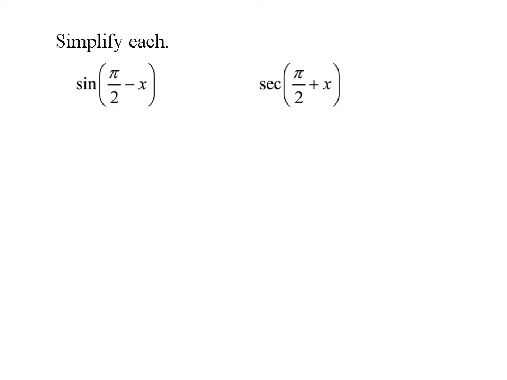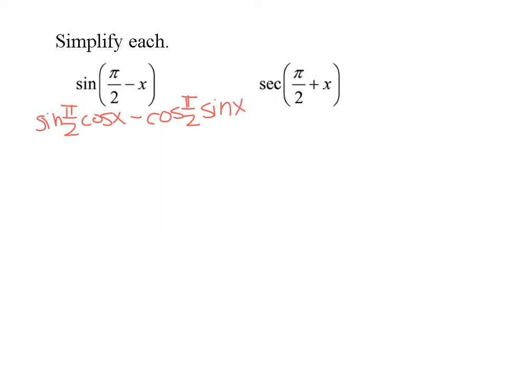All right, another way we can use our addition and subtraction identities is to simplify angles and expressions. Since this is sine of pi over 2 minus x, we're going to use our sine identity for subtraction and rewrite this out: sine cosine minus cosine sine.